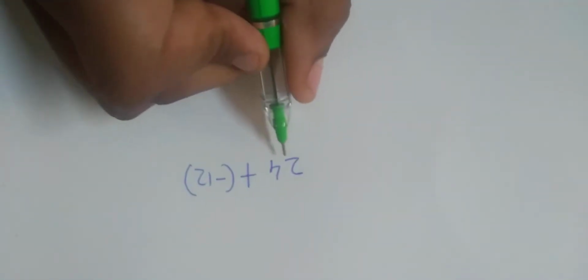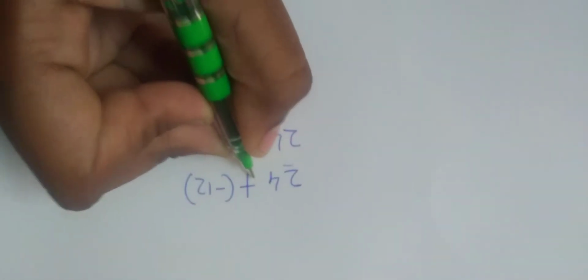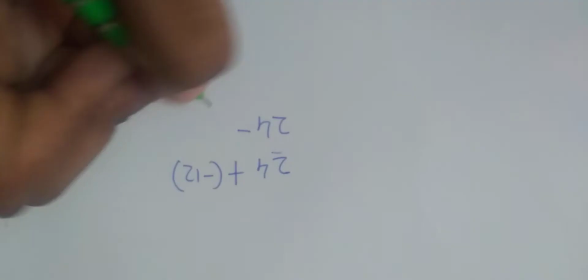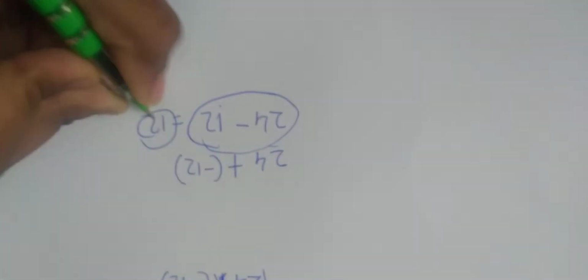So 24 as it is, and the plus becomes minus, opposite. So 24 minus 12. This is how we do it.